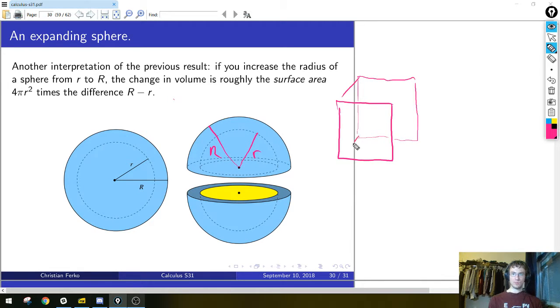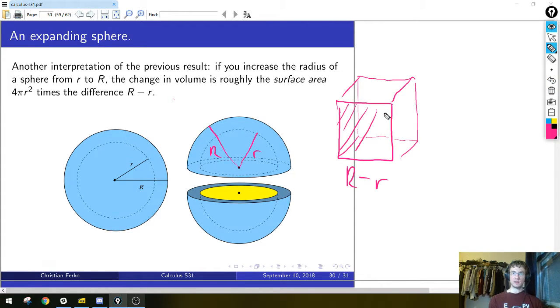What do I mean by a box? I mean we're thinking of this volume as a box where one of the dimensions is the distance between the two radii, so this is big r minus little r. Then you say, what are the other dimensions of the box? If we're just squishing this into a box, what should the area of one of the faces of the box be?